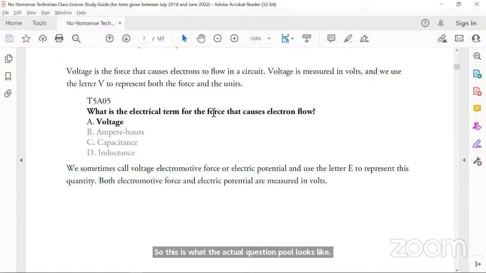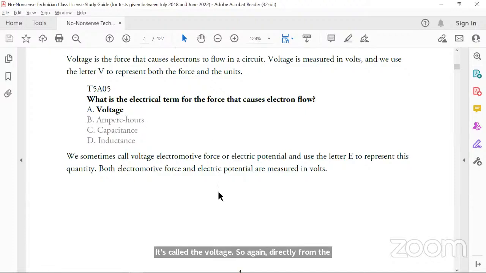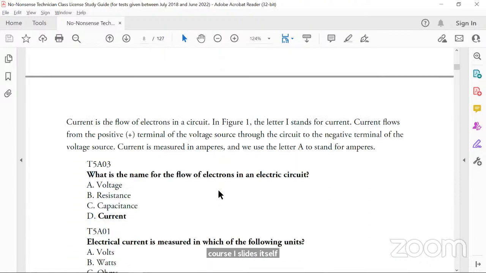So let's look at the first question. What is the electrical term for the force that causes electron flow? So remember we said the force is like the pressure, and in the electric circuit, it's called the voltage. So again, directly from the course slides itself. Let's look at another question.